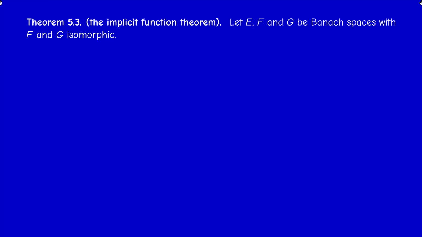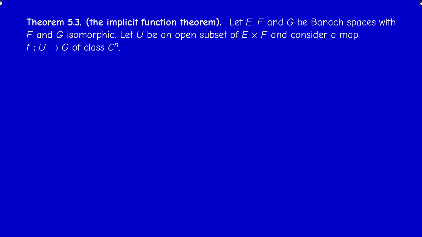So we have three Banach spaces, E, F, and G, with F and G isomorphic. And we consider a smooth map of two variables.